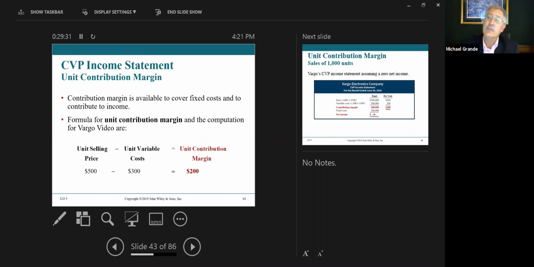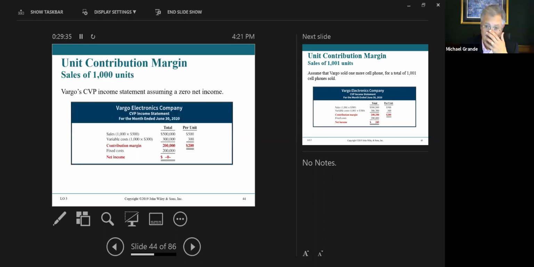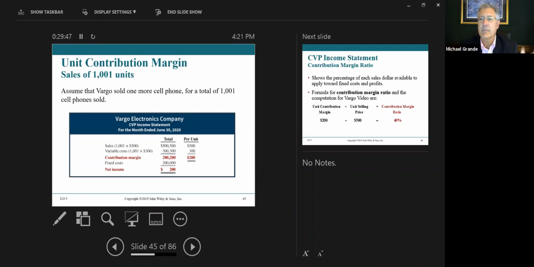If I sell 1,000 units, I have exactly $200,000 of contribution margin, which covers my fixed cost. Net income is 0. What if they sold one more unit? Instead of 1,000 units, they sell 1,001 units. You can see they've added $200 to net income, which is the contribution margin per unit.